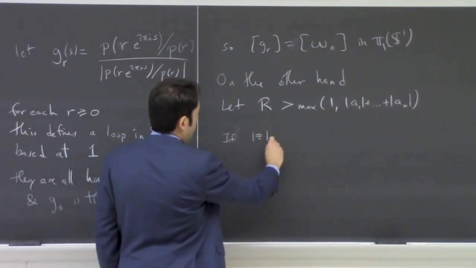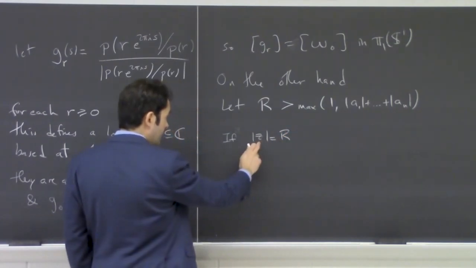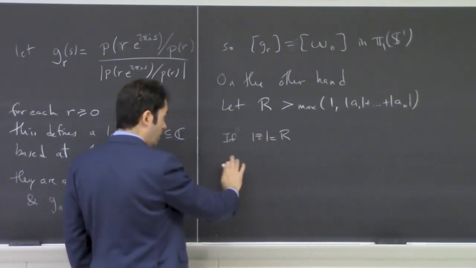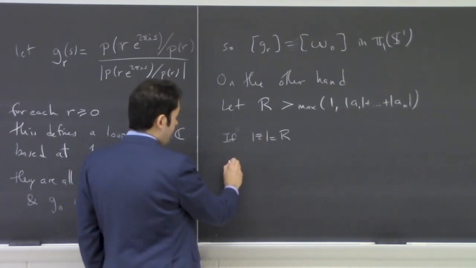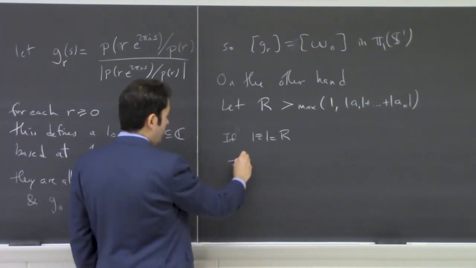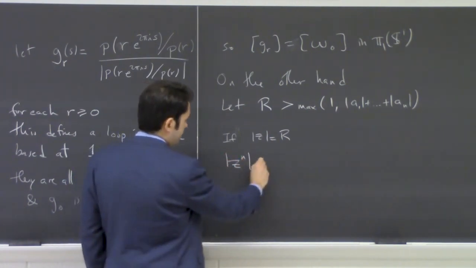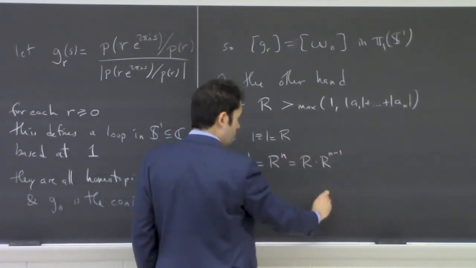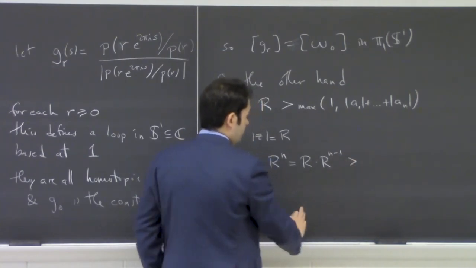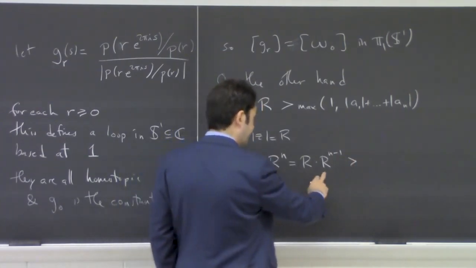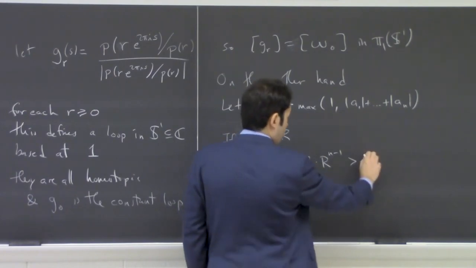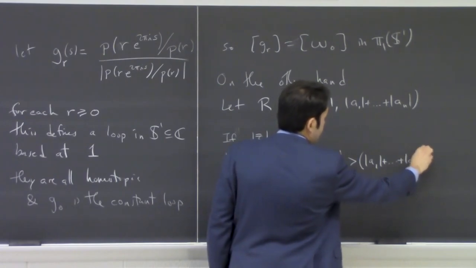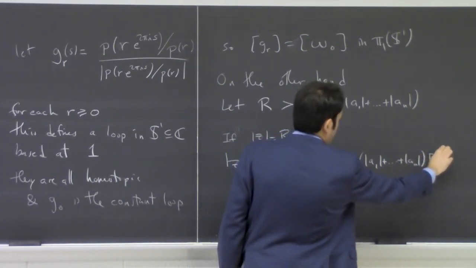Right. So if we look at the complex numbers at radius r, then the size of the leading term, r to the n, which we could write as r times r to the n minus 1, is greater than, well, this number times r to the n minus 1.